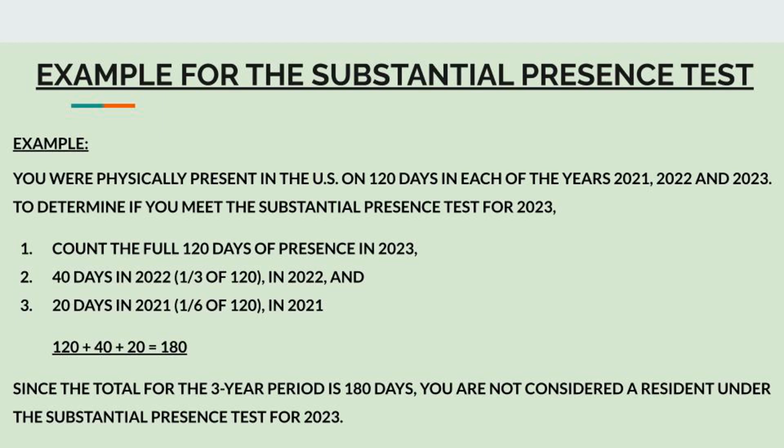To determine if you meet the substantial presence test for 2023, you will count the full 120 days of presence in 2023, 40 days in 2022, which is 1/3 of the 120, and 20 days in 2021, which is 1/6 of the 120 days that you were present in 2021. So if you add these numbers up together, it would arrive at 180. Now, since 180 is still 3 days short of the 183 days, you're considered a non-resident for tax purposes.